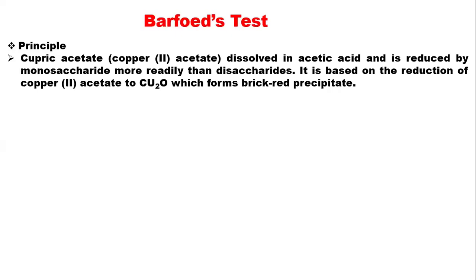Here we have about three reagents in Fehling's test: copper sulfate, copper(II) tetraoxosulfate(VI), potassium sodium tartrate, and sodium hydroxide. So the reagent here is actually a strongly alkaline solution.